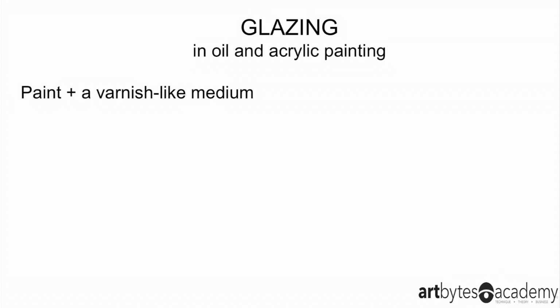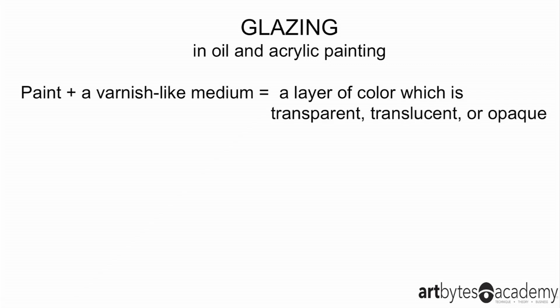It's a method of mixing paint with a varnish-like medium, basically something to make it translucent. And it creates a layer that can be anywhere from almost opaque to almost completely transparent. The most useful areas are in the middle, in the translucent colors.